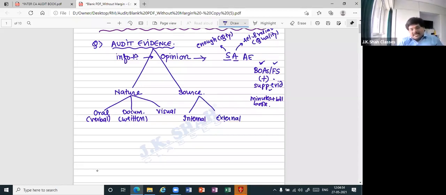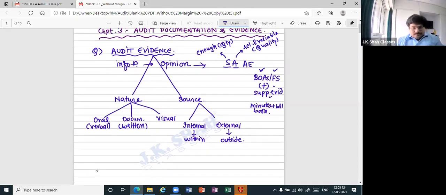Use common sense. Can I say internal will be generated outside the organization or within the organization? Within the organization. Perfect. What about external? Outside. So the information which is generated from outside is known as external. Information which is generated from inside is known as internal.